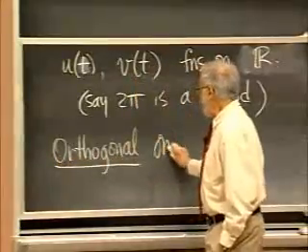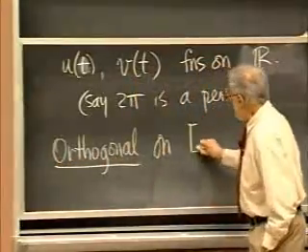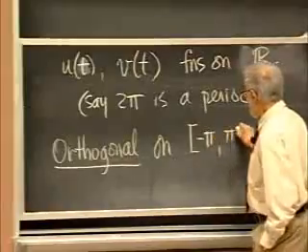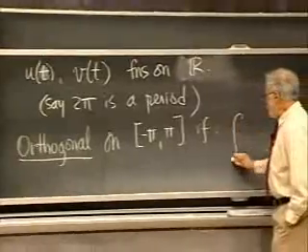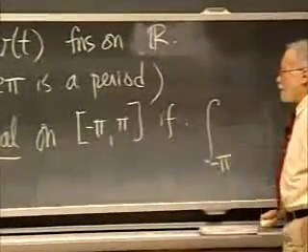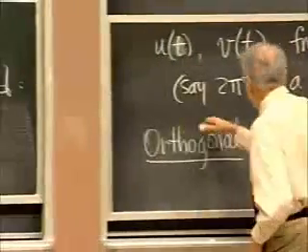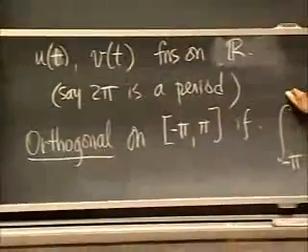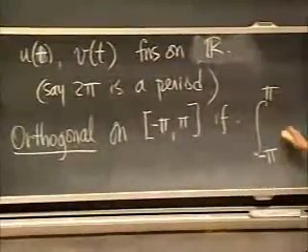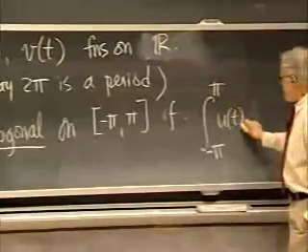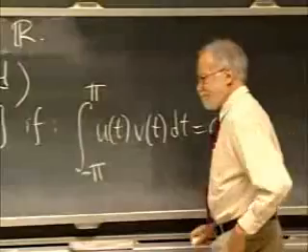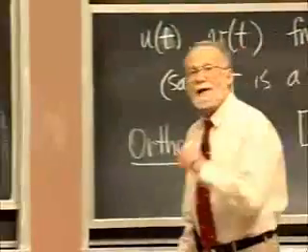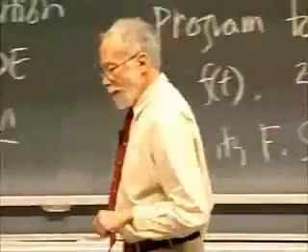Orthogonal on the interval minus pi to pi if the integral from minus pi to pi of u of t, v of t, the product, is 0. That's called the orthogonality condition on minus pi to pi.